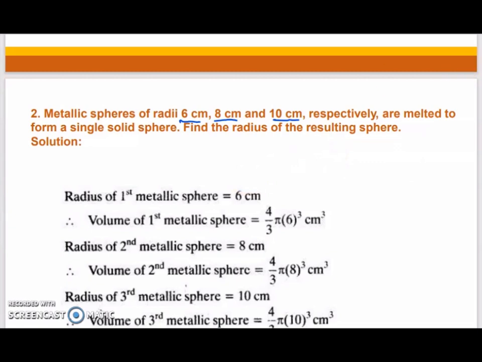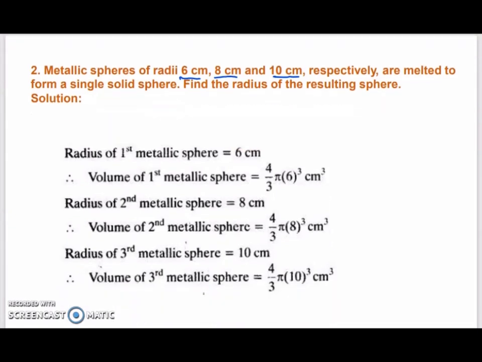We will assume, let the radius of the big sphere be r, and we have to find that r. So volume of the first metallic sphere will be 4 by 3 pi r cube, where r is 6. Second one, 4 by 3 pi 8 cube, and third one will be pi 10 cube.